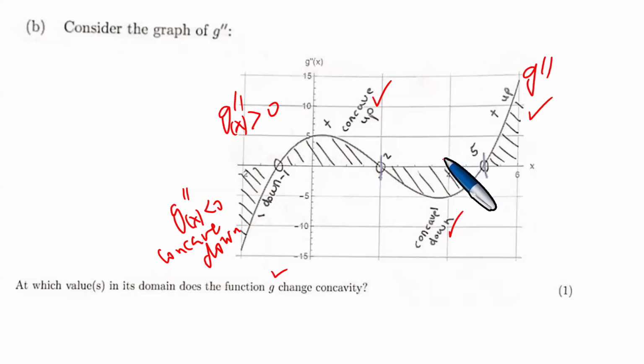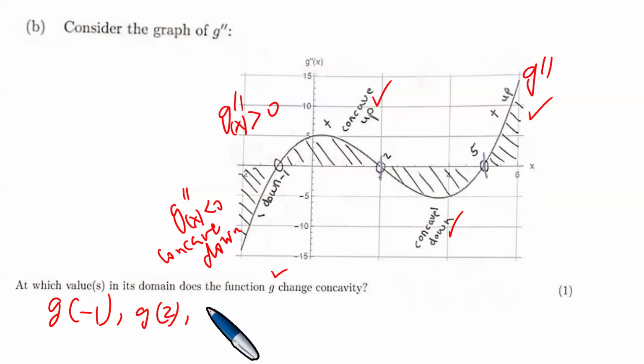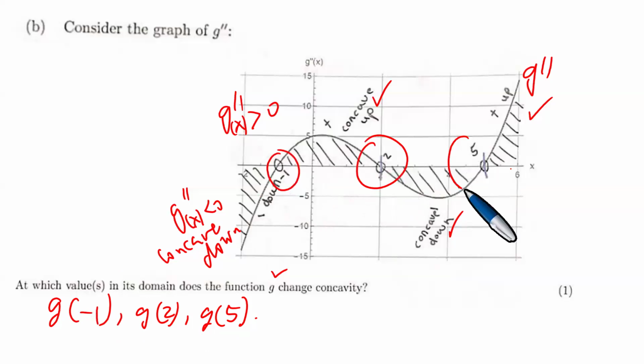So what becomes evident is that it changes concavity at the following points: G of -1, G of 2, and also G of 5.